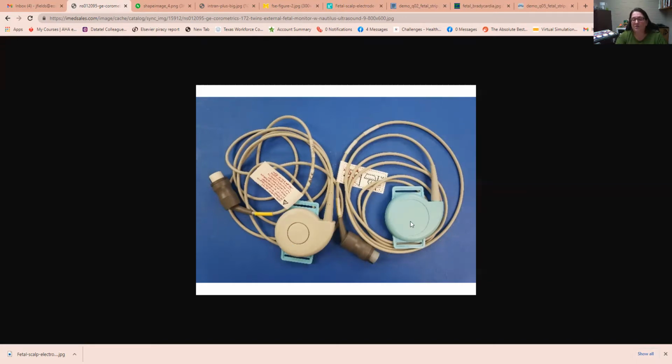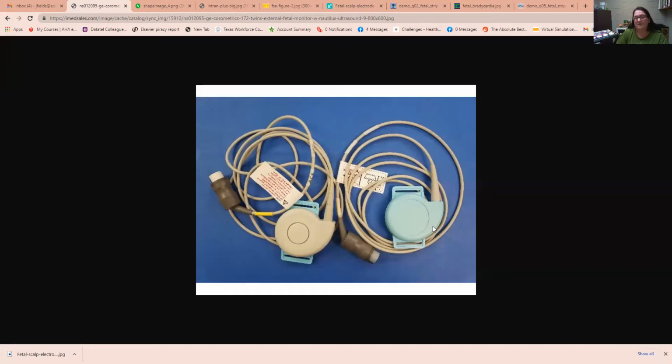This is the external ultrasound monitor, fetal heart monitor. One part of this measures the contractions. This part records fetal heart tracing, and it uses ultrasound technology, so it has to have ultrasound gel. It's going to pick up best if it is aimed toward the fetus's back.